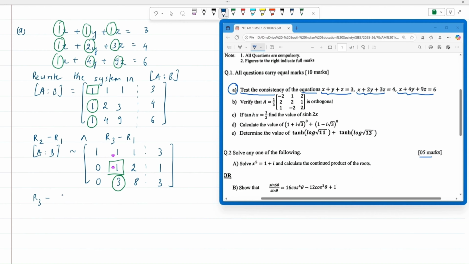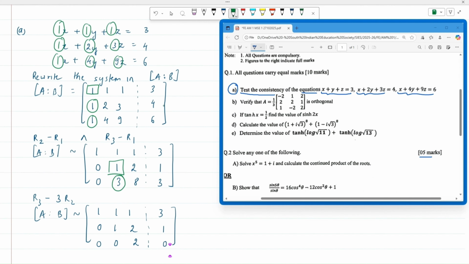So we are going to use R2, and for that we are going to multiply R2 by 3. So once we have this, the augmented matrix A, B will reduce to the first and second row remaining unaffected, while the third row changes. So we have got 0, then this is going to be 3 minus 3, 0, 8 minus 6, that's 2, and 3 minus 3, 0.